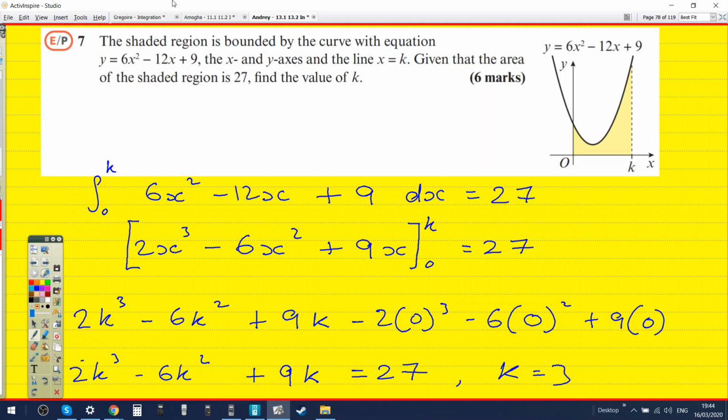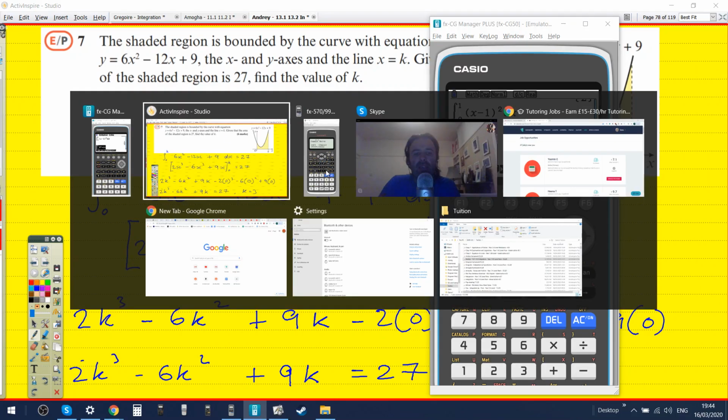And so basically we have to integrate 6x squared minus 12x plus 9 between k and 0 and get an area of 27. Yeah.